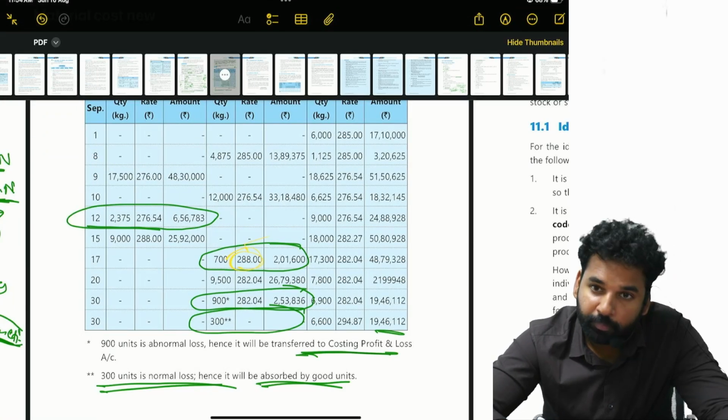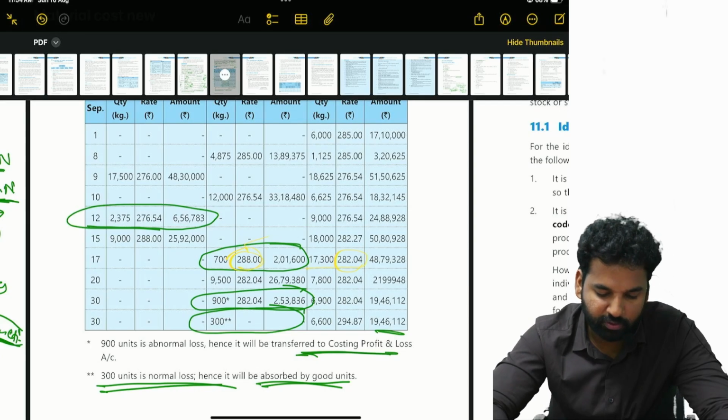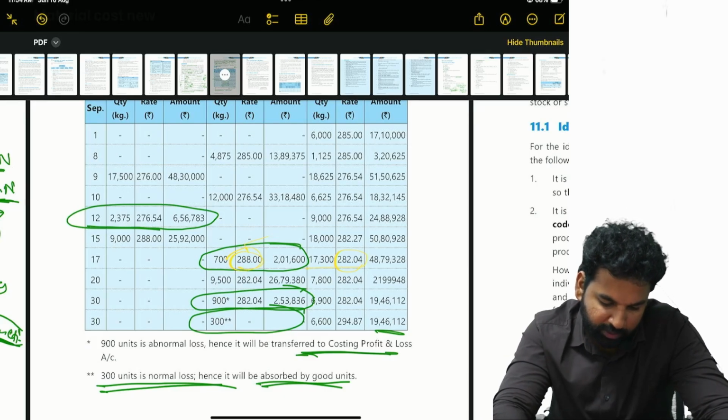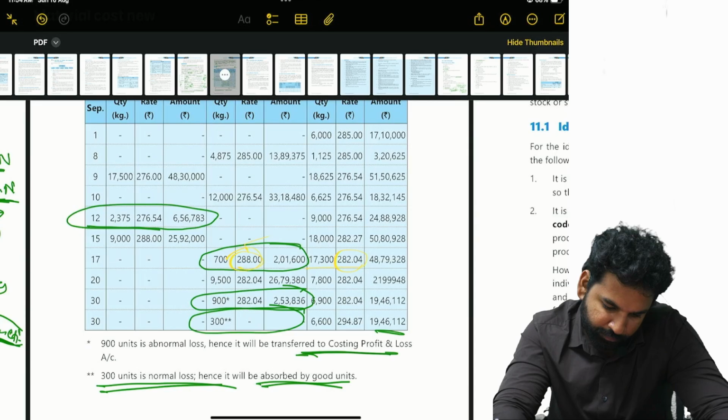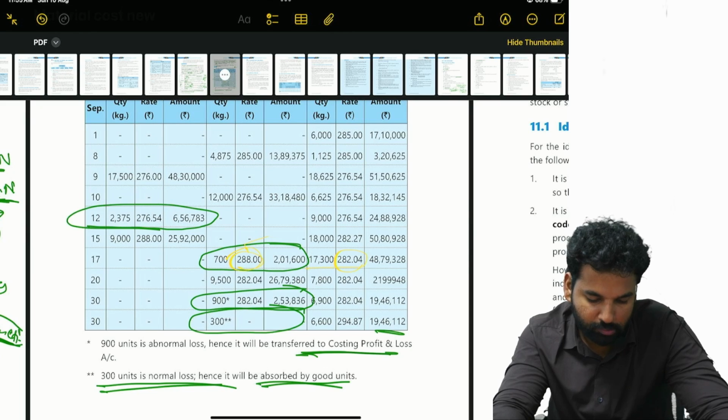Remaining? This we have taken 2.7. Okay, this shall be the remaining value. 50 lakh 80,928 minus 2 lakh 1,600 divided by, there you will get 282.04. That is the difference, sir. You see?